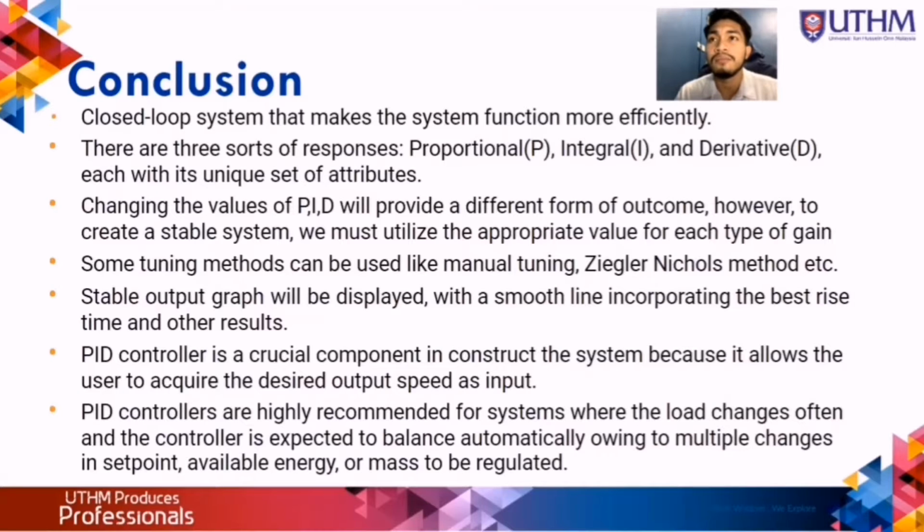For rise time, overshoot, settling time, and steady state error, each property plays a significant part in constructing a stable system. Changing the PID values will provide different outcomes. However, to create a stable system, we must use the appropriate value for each type of gain.